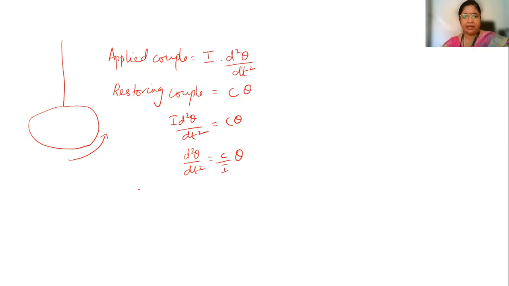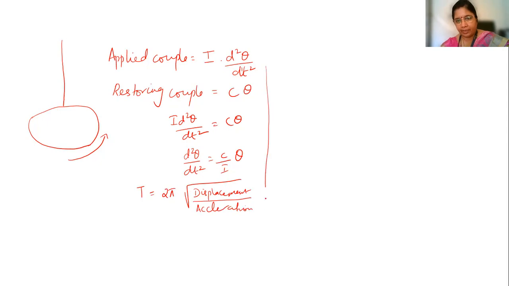So we have a standard equation for the time period for simple harmonic oscillations, which all of you know. So T is equal to 2 pi root of displacement by acceleration. Right? T is equal to 2 pi root of displacement by acceleration.